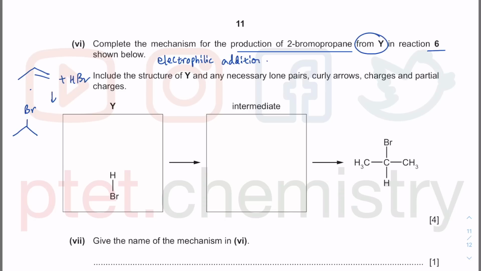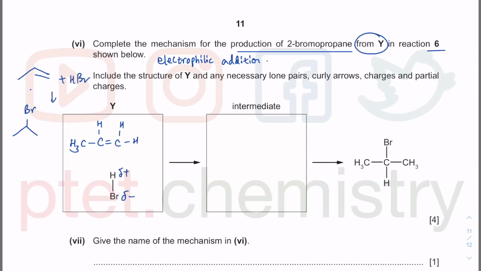You can draw structural, you can draw displayed, you can draw skeletal. Let me just draw displayed so that it is clear, but you can draw skeletal, no problem whatsoever. When I say displayed, this is going to be partially displayed, or partial structural.